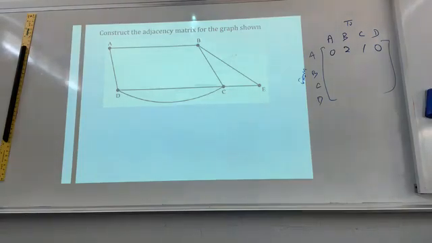Now always, when you construct this, the first thing you look at is, is it going to be symmetrical? Is it going to be symmetrical, this one? Yeah. It is.